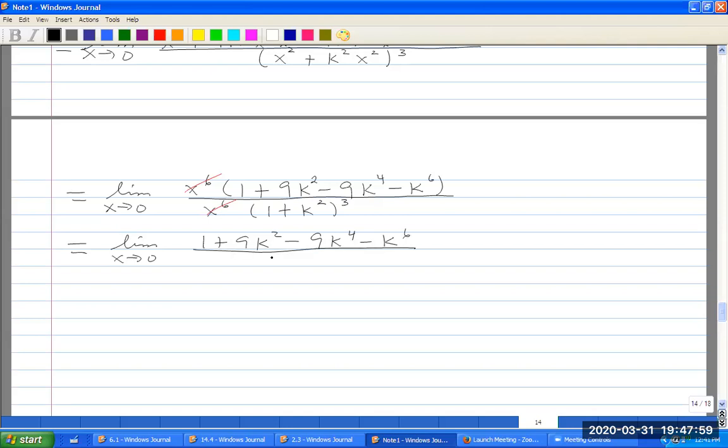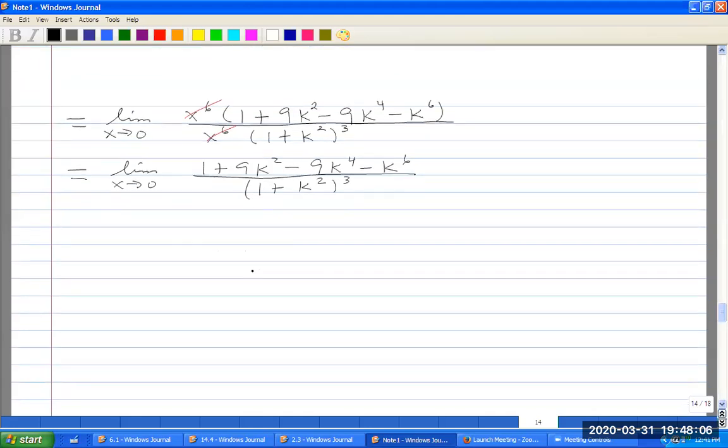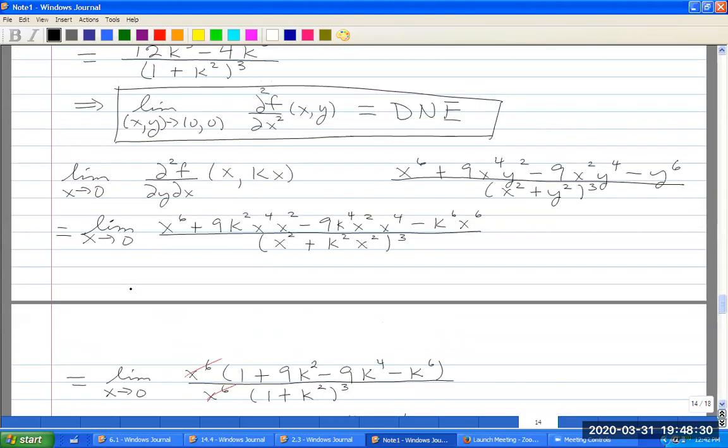And so as x goes to 0, this constant just remains the same. But this constant here is different for differing values of k. And so that implies that this second partial, now I forgot, it was xy.